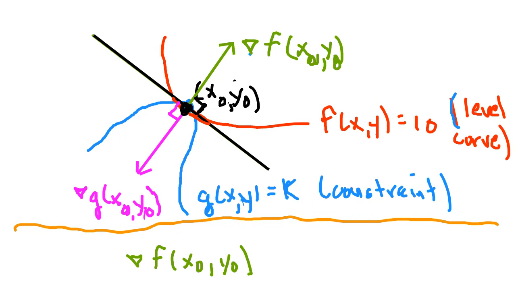What can you tell me about these two gradient vectors based on the picture?